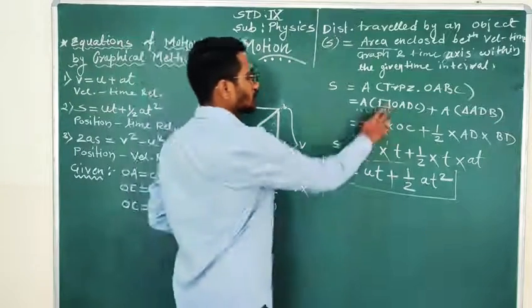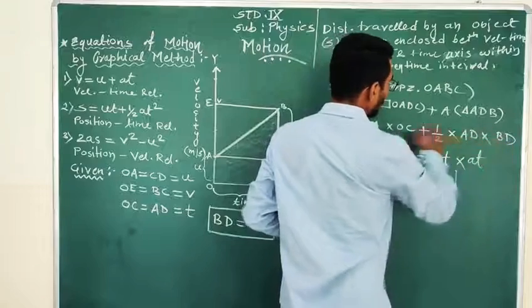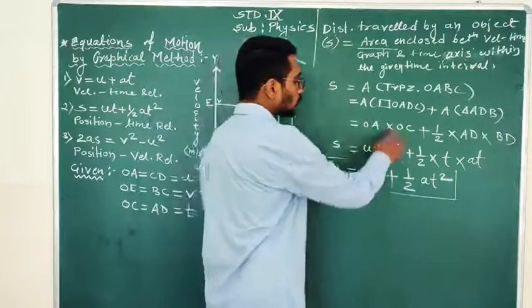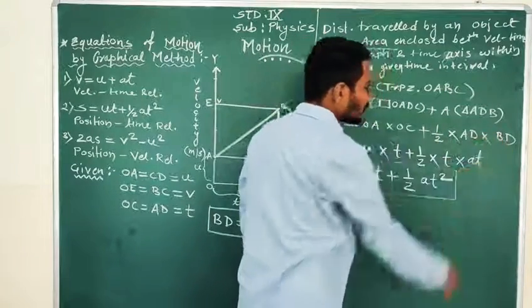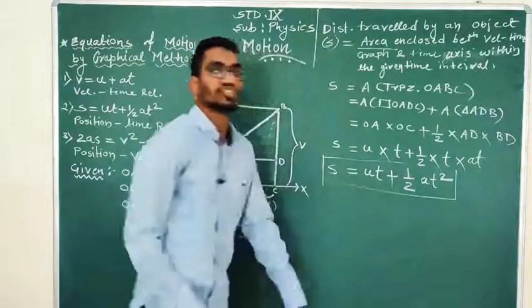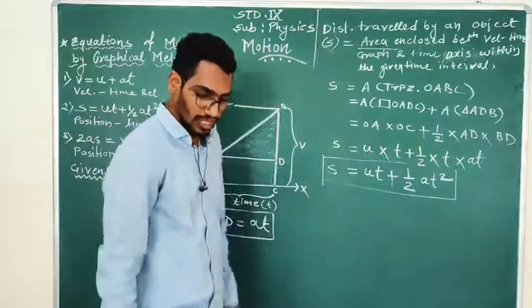Area of rectangle is length into breadth. Area of triangle is half into base into height. Put all those particular segments, then their values: OA is u, OC is t, half, AD is t, and BD is equal to at from the first equation. So s is equal to ut plus half at square. Are you getting me? It's too simple.